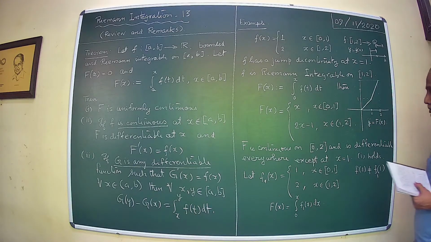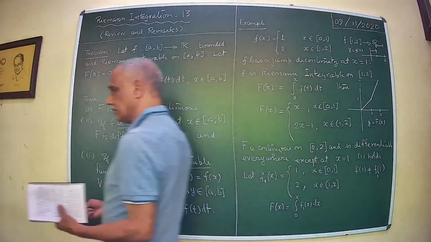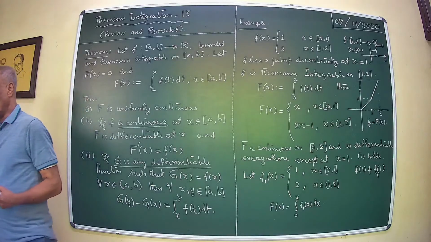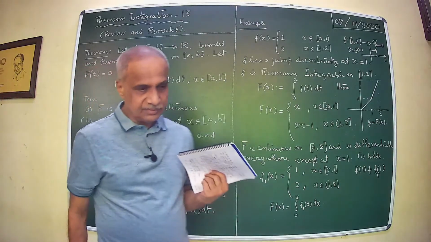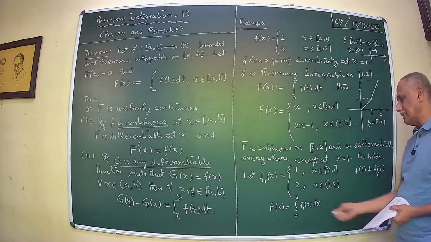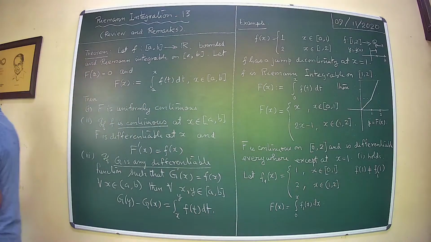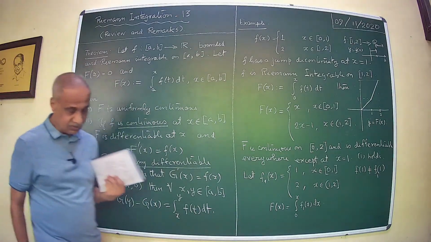Therefore, if you were to consider capital F as the antiderivative of small f, then it is also the antiderivative of f1, if you were to define the relation like this, okay.